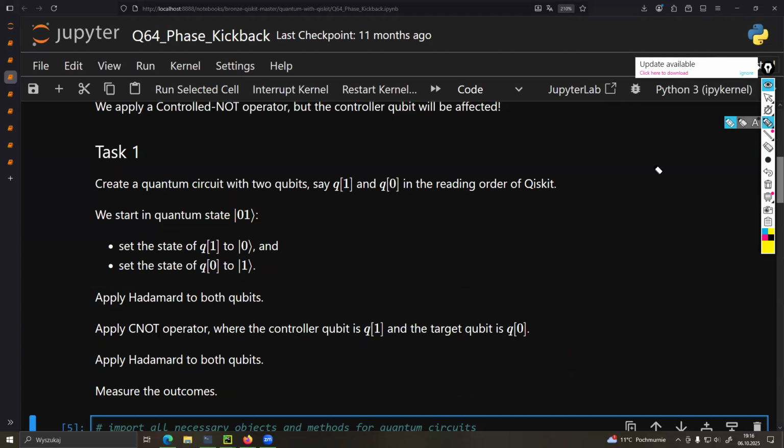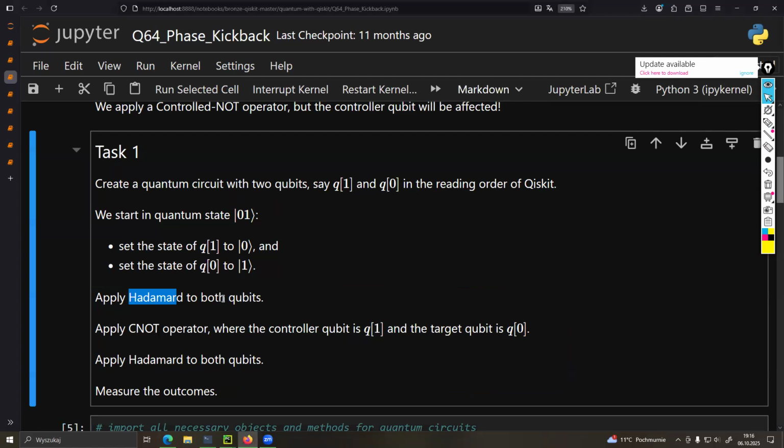And we don't expect it at first, right? Because we do apply some Hadamard, so we do this quantum coin flipping. Then we apply a CNOT, which is something we also know.